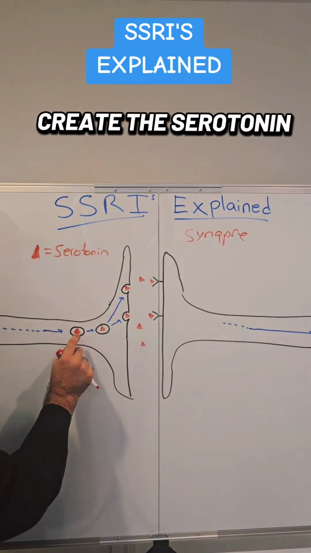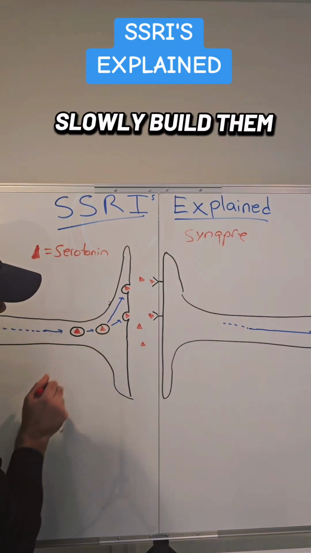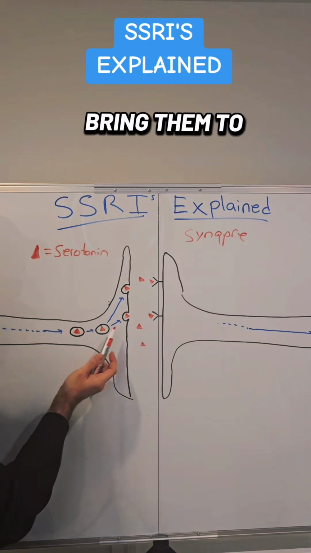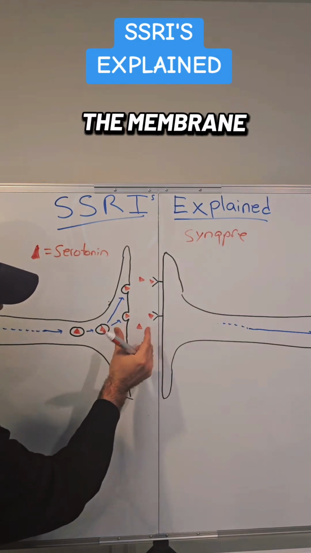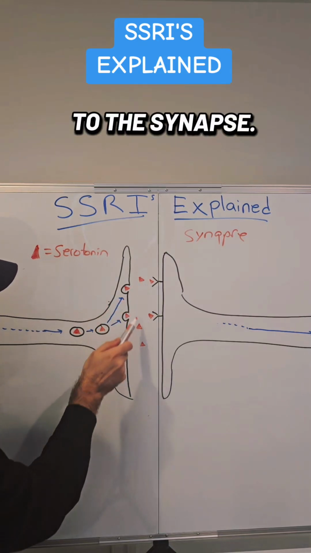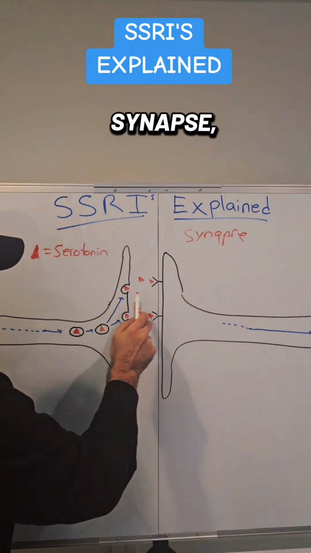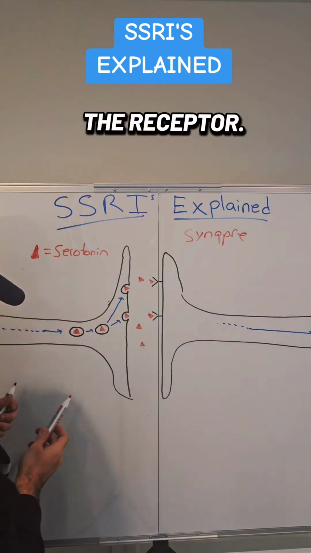It will create the serotonin in little vesicles, slowly build them, bring them to the membrane and then eventually secrete them into the synapse, as you can see here. Once it's in the synapse, it can then bind to the receptor.